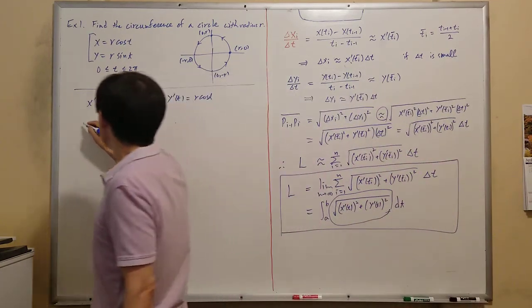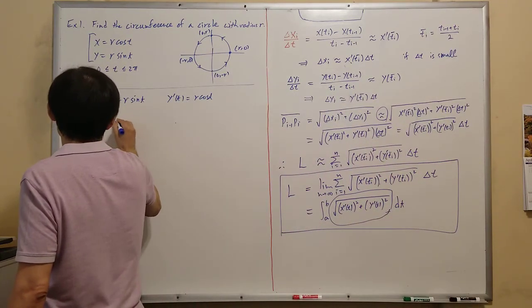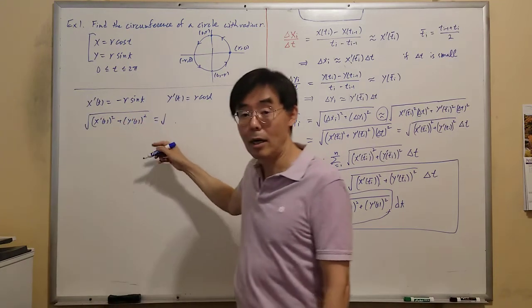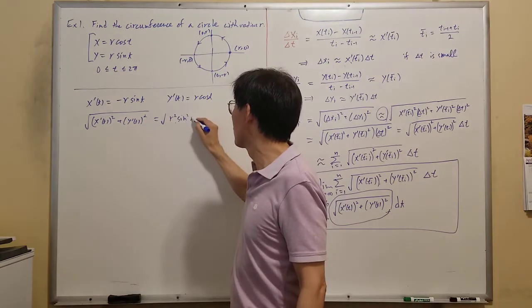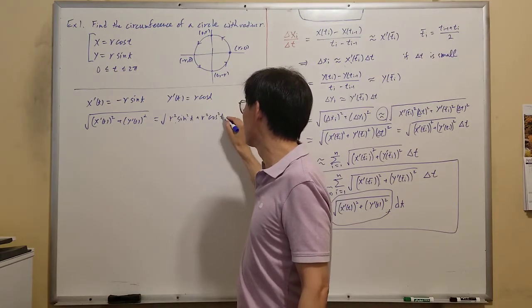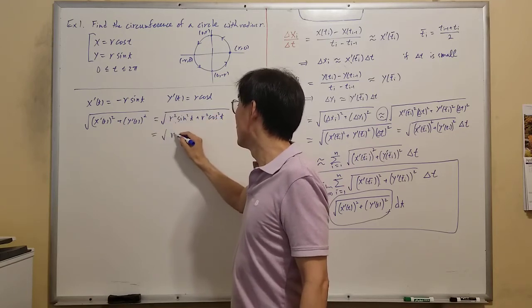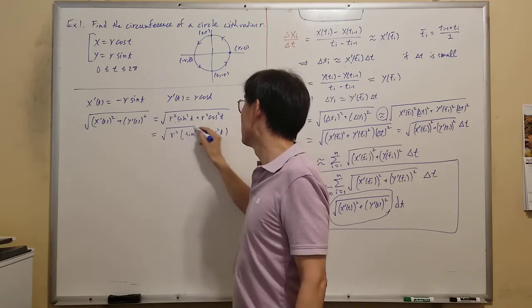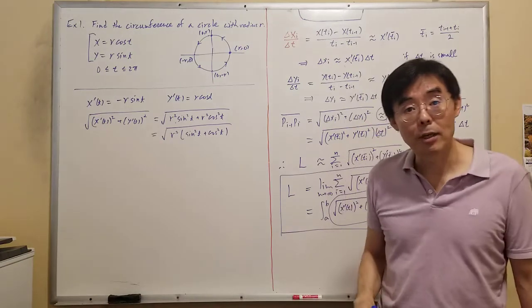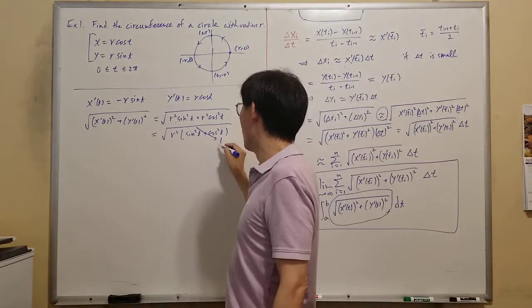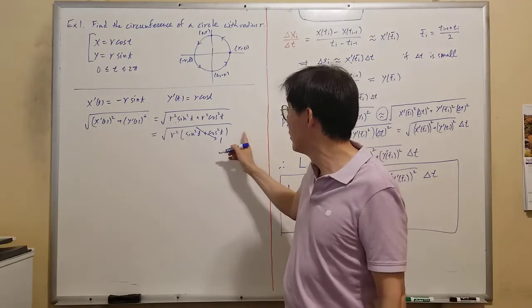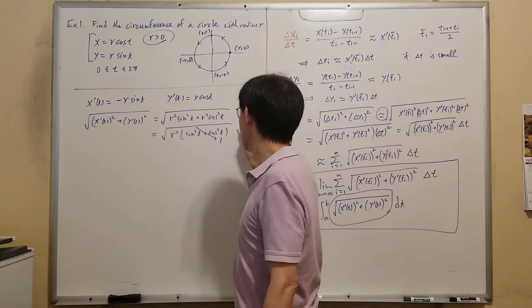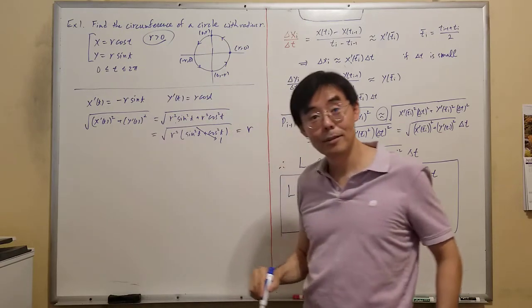The square root of x prime of t squared plus y prime of t squared is the square root of r squared sine squared t plus r squared cosine squared t, which is r squared times sine squared t plus cosine squared t, and that is 1. So, the square root of r squared, obviously our r is positive, is just r. Right?